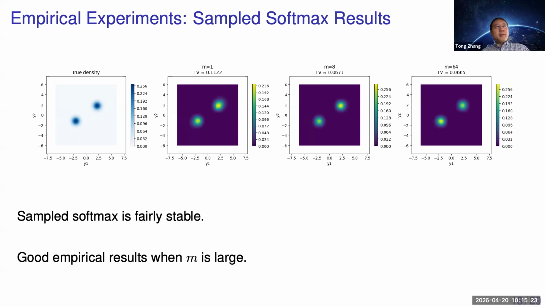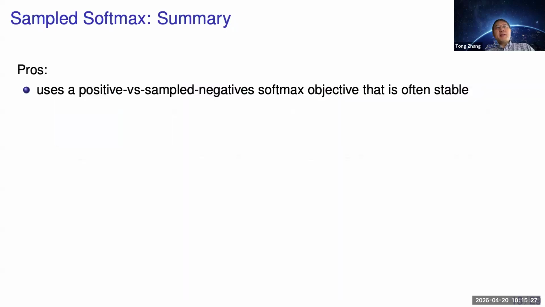It's a little bit more stable, and at least for this example, it gets some good results. So sampled softmax uses a positive versus sampled negative softmax objective. It will get you somewhere. It at least gets you something stable.